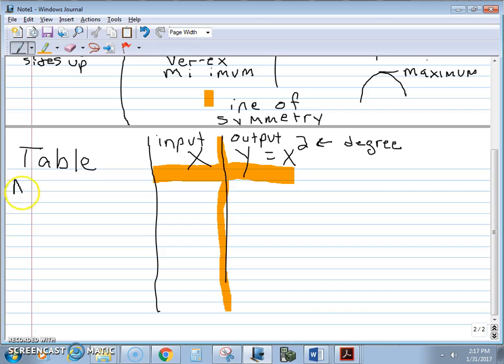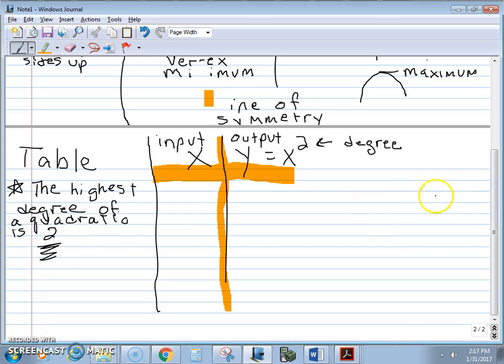Maybe we should throw that over here. The highest degree of a quadratic, and by degree we mean exponent, is 2.